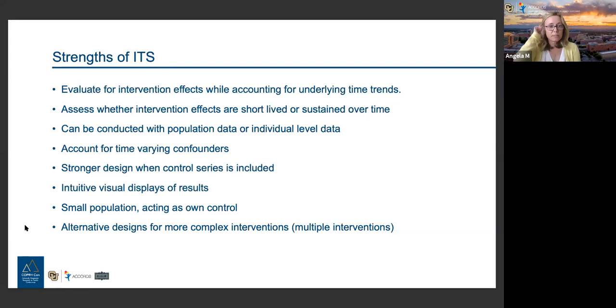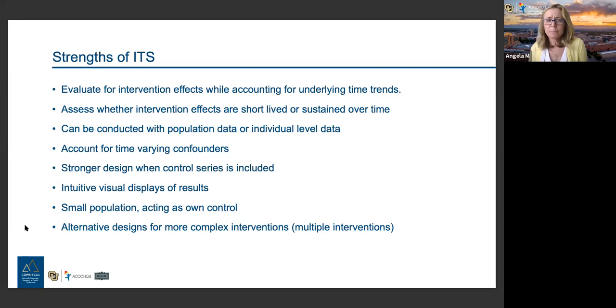All right, let's go to the next slide. Okay, so these are the strengths of ITS. ITS is great in evaluating for intervention effects like that level change and the trend changes pre and post, while controlling for your underlying time trends. This is time series data, so you're able to assess whether that intervention is short-lived or it's going to be sustained over time.